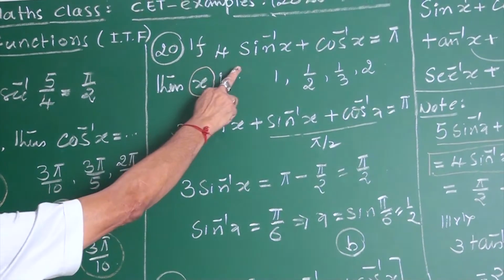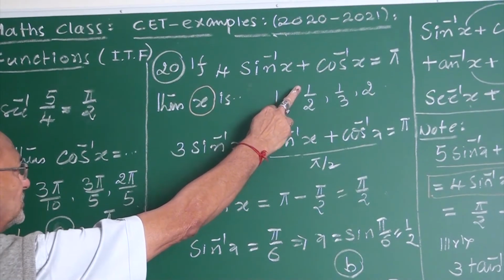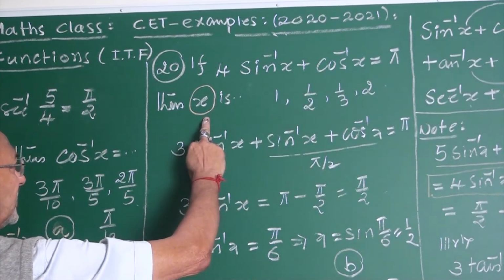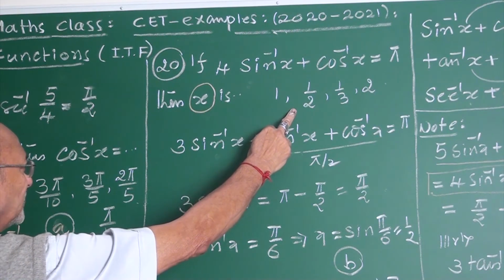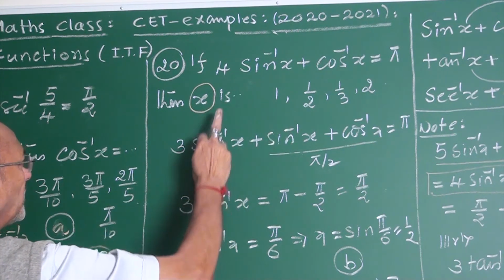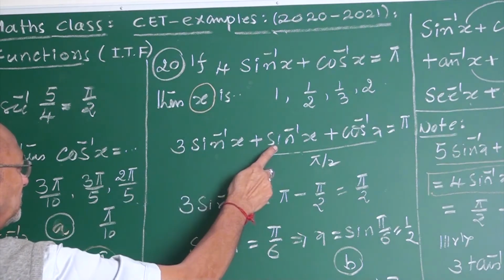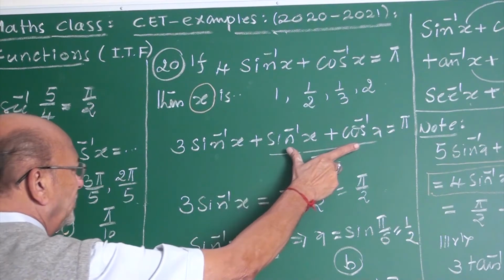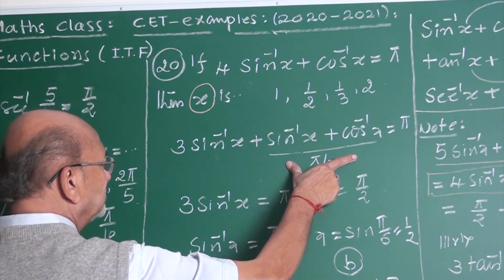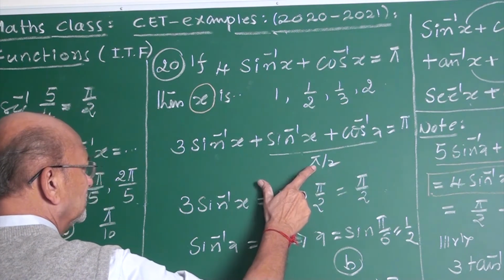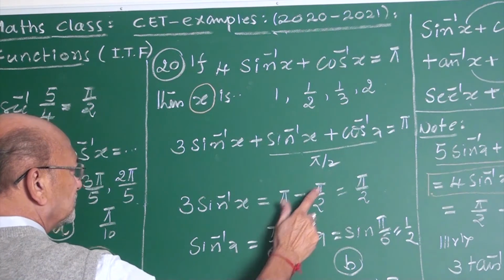If 4 sin inverse x plus cos inverse x equal to pi, then the value of x is dash. These are the options A, B, C, D. Split 4 as 3 plus 1. This 1 you join with cos inverse. Sin inverse with cos inverse, by the theorem its value is pi by 2. Shift this value to RHS.